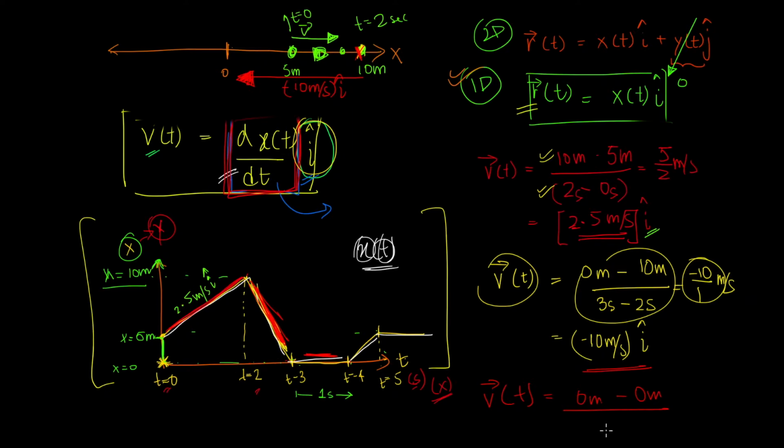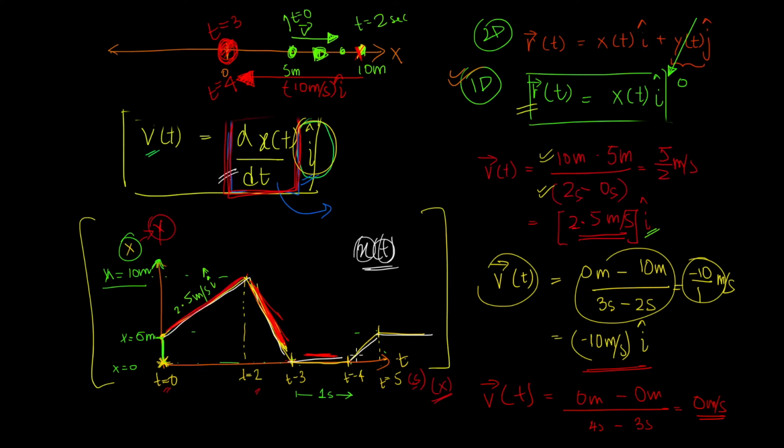We divide by the time interval, which is 4 seconds minus 3 seconds, and that simply gives us 0 meters per second. That is to say, for the next 1 second of motion, the body held its position at the origin. So the body was here at time t equal to 3 seconds, and it remained there until time t equal to 4 seconds. So that is how we have a velocity at that time interval. What about the next one?